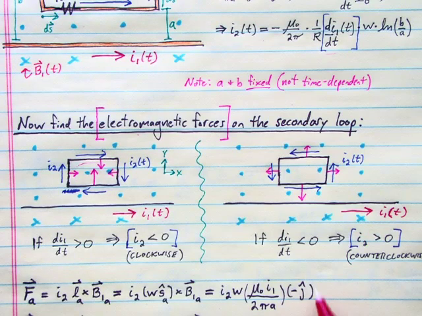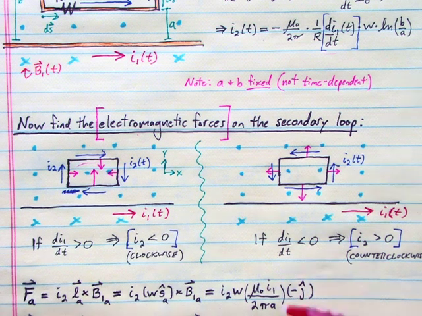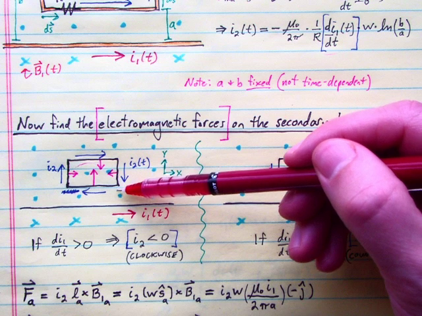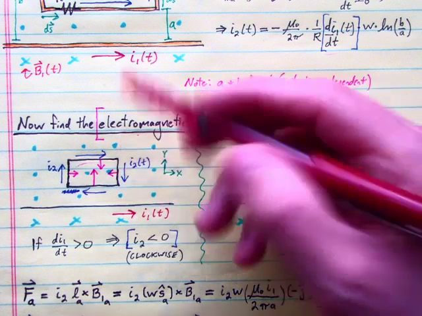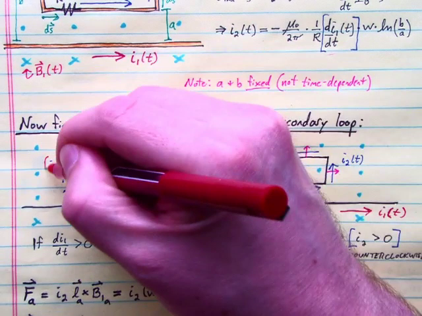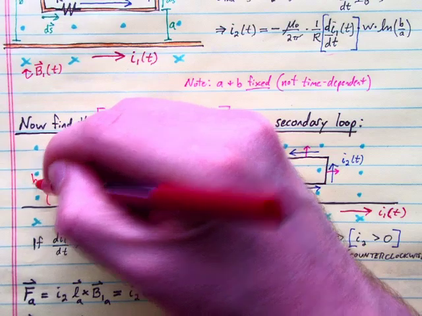All right, so that's how our vectors and signs work out for this expression. Note, for the strength of the B field, I've put in A for the radial distance away from the primary wire.